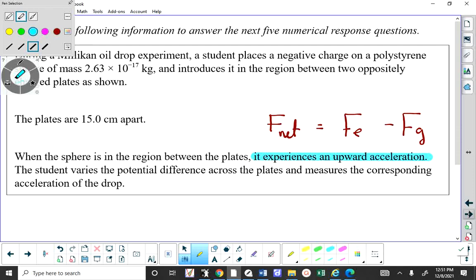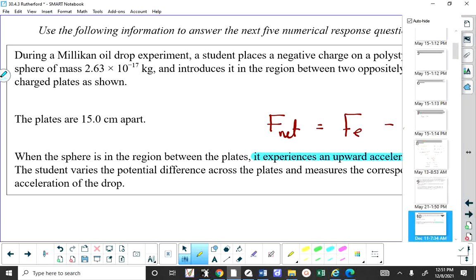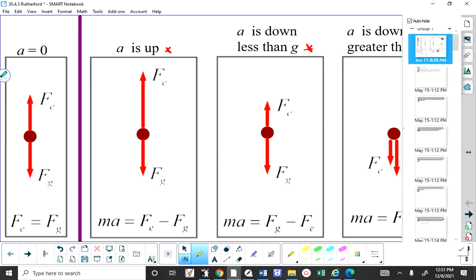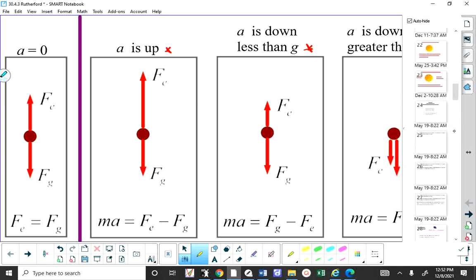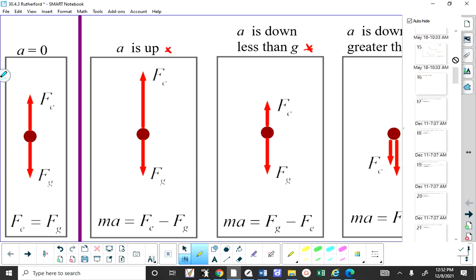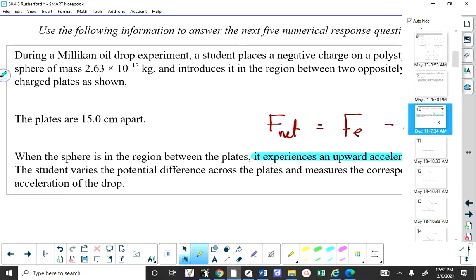It means that the electric force up must be greater than the gravitational force down. So it is, to look at a diagram here, the second diagram on this screen right now from left to right. And we're going to need that in order to understand the meaning of the graph.